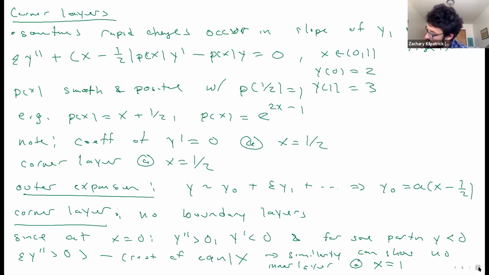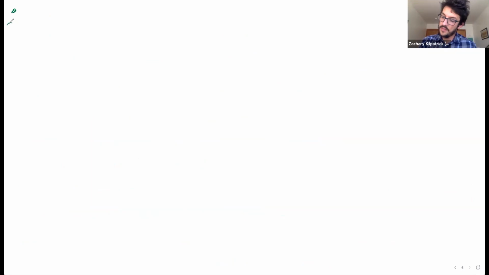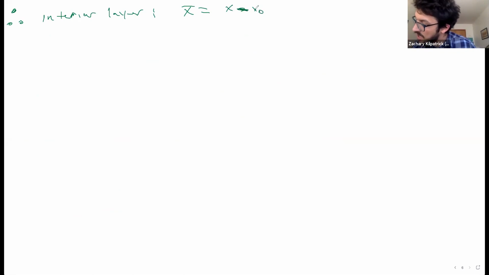Okay. So therefore, we're going to have some interior layer. But not because of any jump discontinuity in the function. Okay. So x bar is equal to x minus x0 divided by epsilon to the alpha. And this is going to be our interior variable.